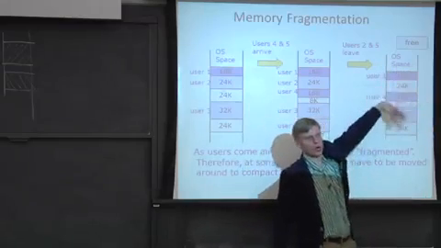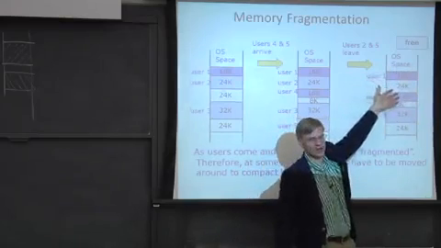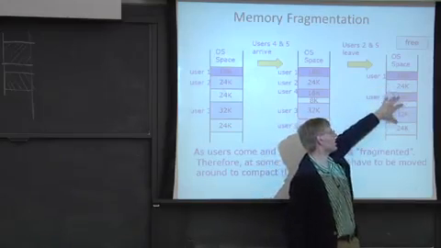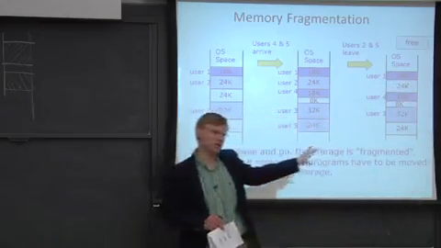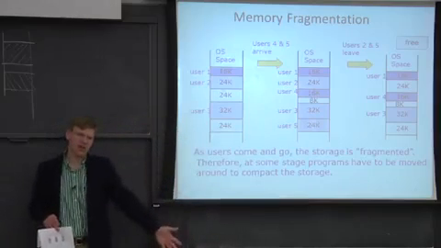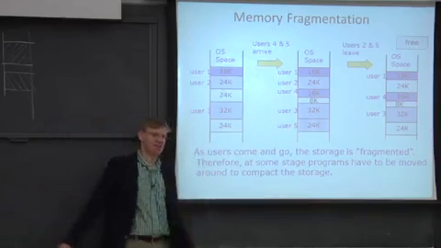But that's hard to do when a program's running. It's hard to take these other programs and re-squish them. It's also possible that, depending on how the addresses are laid out, you just may not be able to do that. If you have base and bound, you might be able to move the data, but you'd have to copy all of the data. And that takes time if you have to copy your entire memory system.